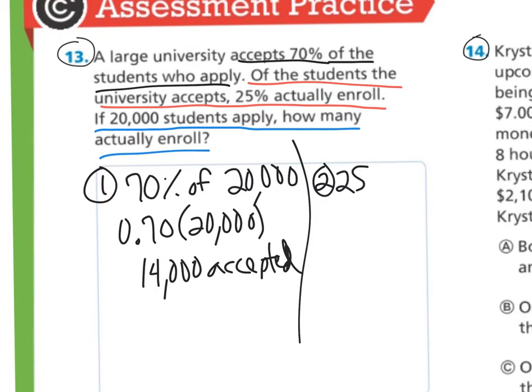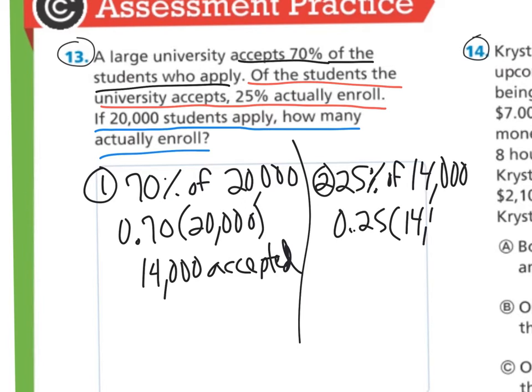So 25% of those people actually enroll. The others, maybe this was their backup school in case they didn't get into another school. They decided to go somewhere else. So 25% of 14,000 would be 3,500 that actually enroll.